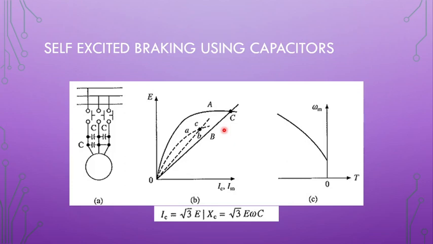So the kinetic energy stored in the induction motor is converted into electrical energy, because the capacitor draws the current that is present, and the electromagnetic field or the air gap flux will convert the available mechanical energy to electrical energy.